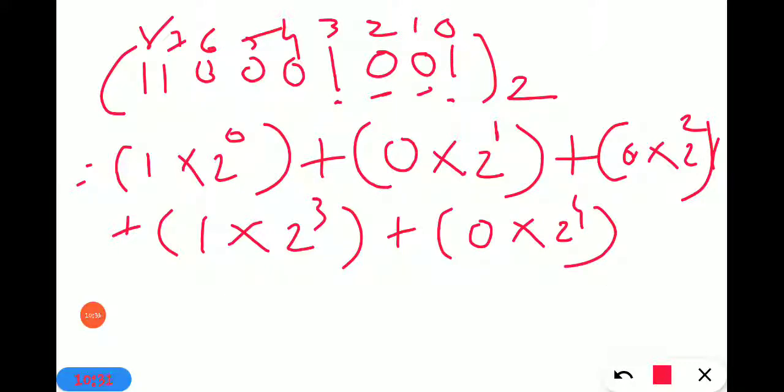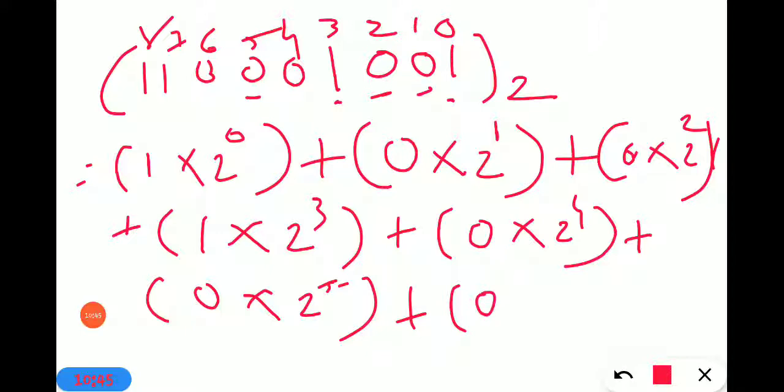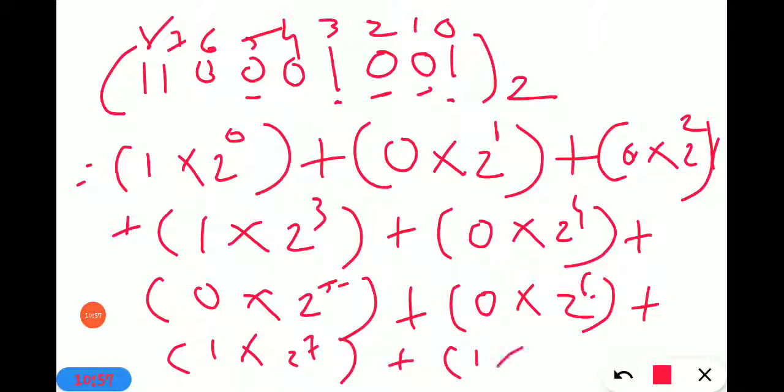What is the position of it? That one. Plus again bracket. Next number is 0 into 2 raised to position 5. So write down 5, plus 0 into 2 raised to 6, plus next number is 1. So 1 into 2 raised to 7 plus 1 into 2 raised to 8 is the last one.